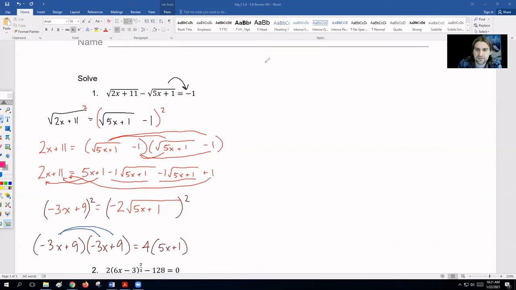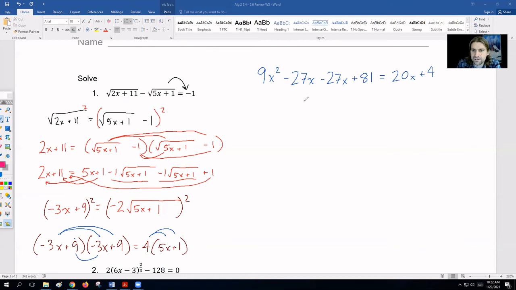Negative 3x times negative 3x is 9x squared. Negative 3x times 9 is negative 27x. 9 times negative 3x is also negative 27x. And 9 times 9 is a positive 81. When we distribute the 4 to the 5x plus 1, we get 20x plus 4.